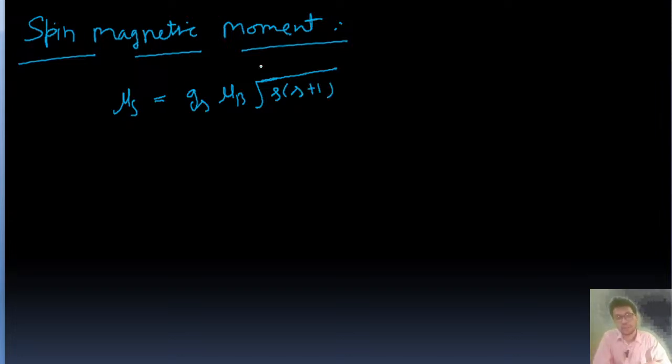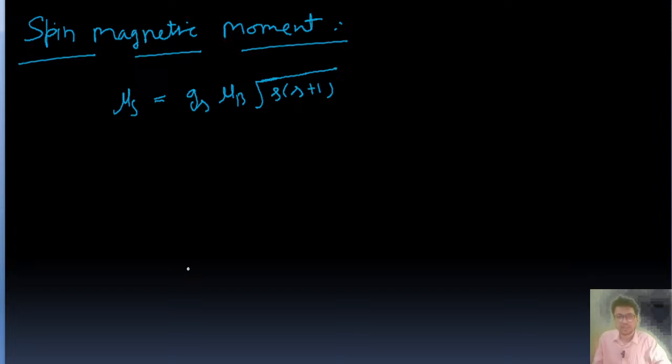Spin magnetic moment is mu s equal to gs mu b root s into s plus 1. Like for orbital magnetic moment, it was mu l equal to gl mu b root l into l plus 1.